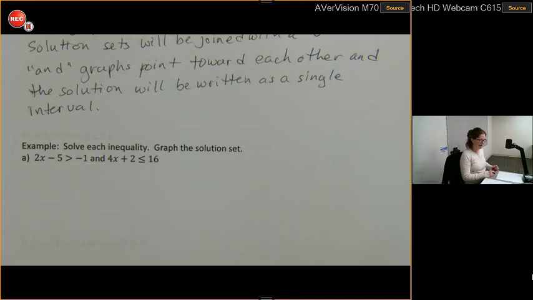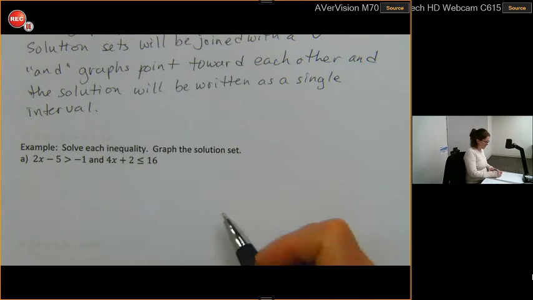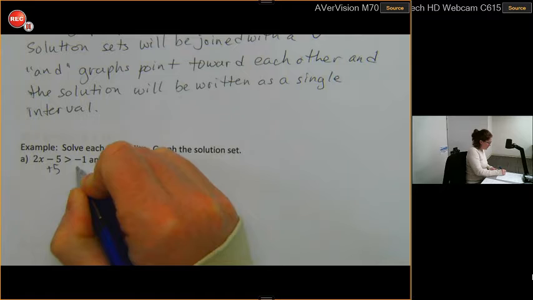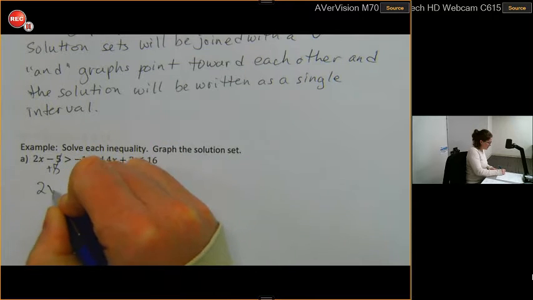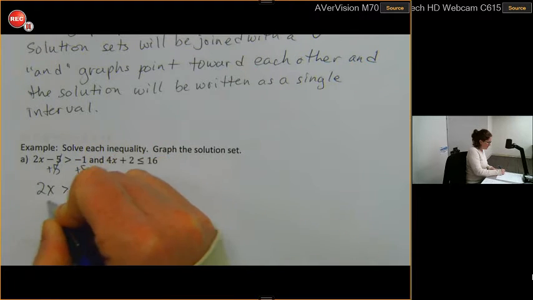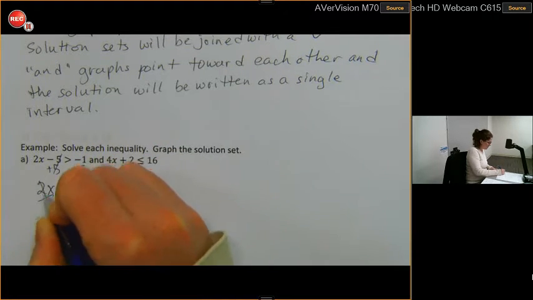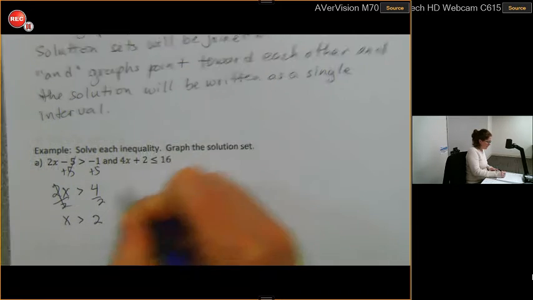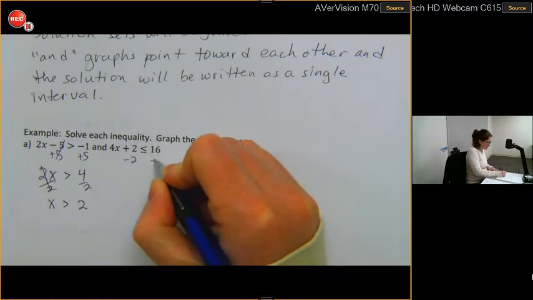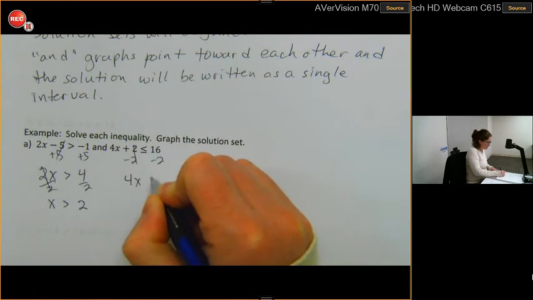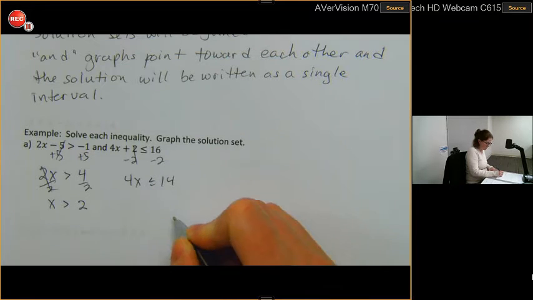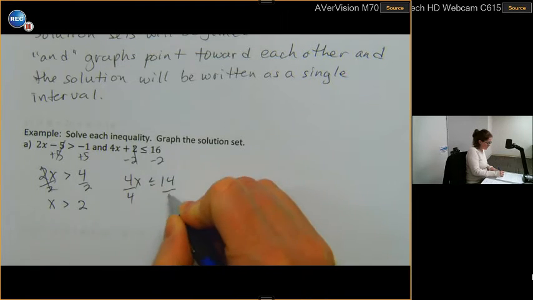Example, part A. I'm going to solve each one of these inequalities. Add 5, and divide by 2. And then I'm going to jump over to the other one and solve.